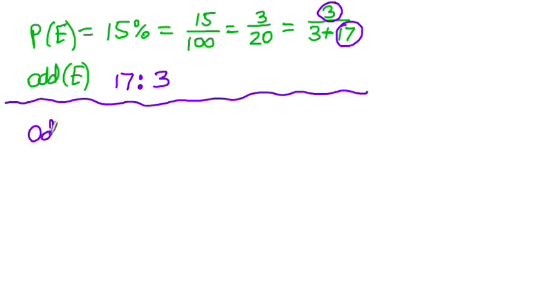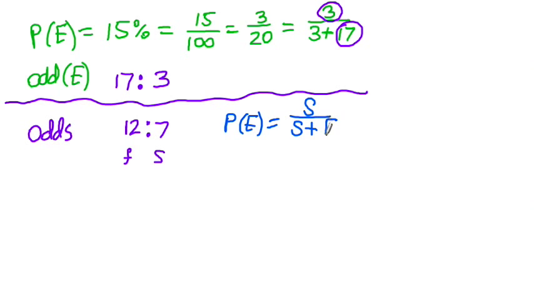All right, you can go the other direction also. If you're given odds of an event are 12 to 7, and you know this is failures and you know this is successes, then all you need to do is remember that the probability of an event in terms of odds language is successes over successes plus failures. And then just plug in the numbers. 12 failures, that's going to go in the bottom.